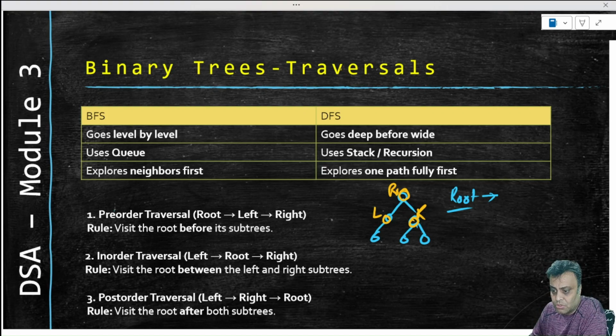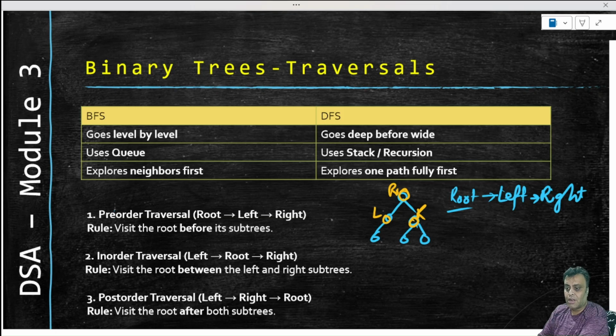So we have the root, we have the left and the right subtree, and therefore if we are doing a pre-order traversal, then we'll say root, left, and then right. Pre is from the concept of root, right? So the root has to be pre. So do the root first, and naturally the next is left and right, right?